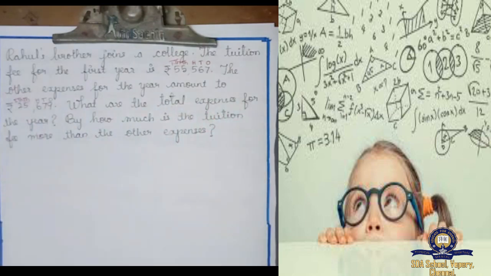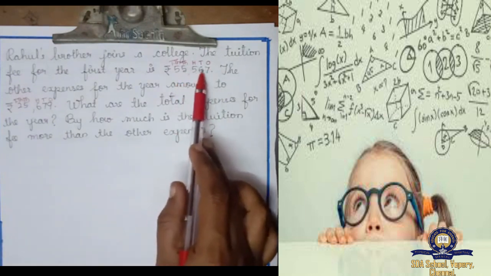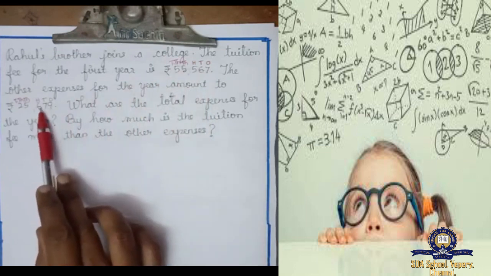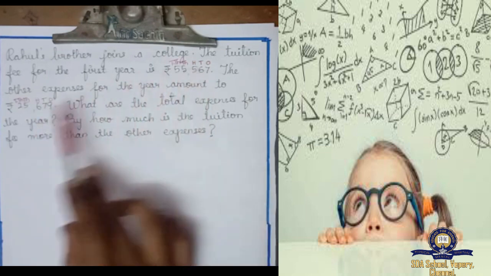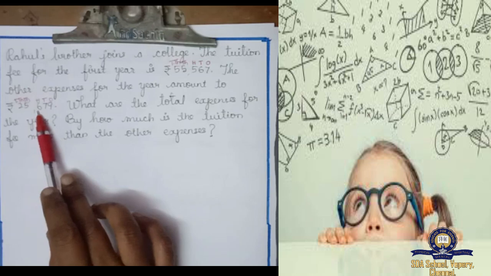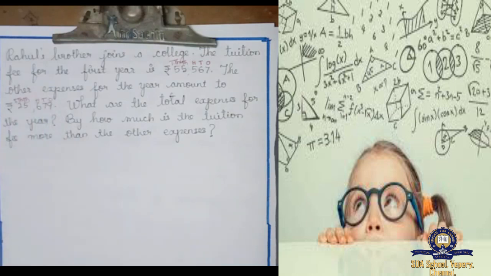So total expenses means what we have to do, addition or subtraction? Yes, we have to add. What we have to add? We have to add the first year tuition fee and then other expenses. These two amounts we have to add. So we will get one amount, that is the total expenses for that year.